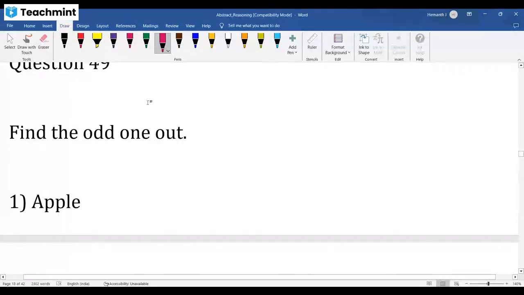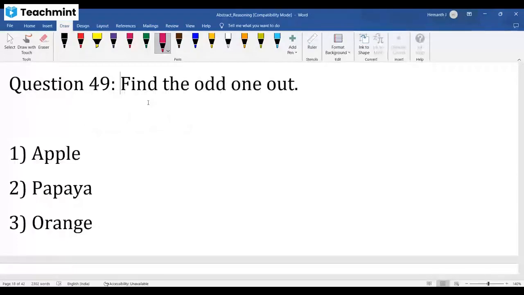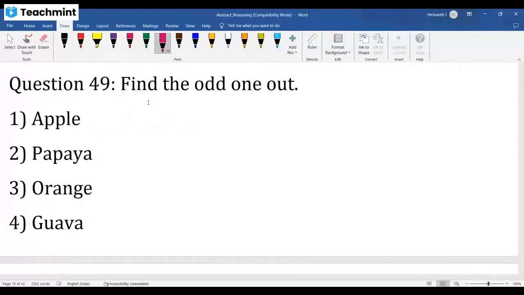This one also I think we covered. Odd one out. In phase 1 training we covered this. Apple, papaya, orange and guava. Among this, which is the odd one out? Related to fruits also they're asking.